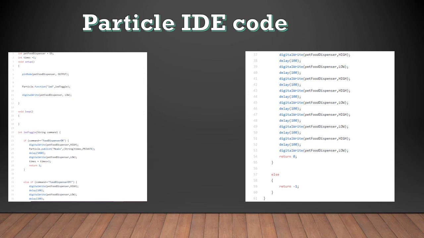Elif command is food dispenser off, then the food dispenser will go high low high low high low with a delay of 100 milliseconds to represent that the owner does not want to give food, else return -1.